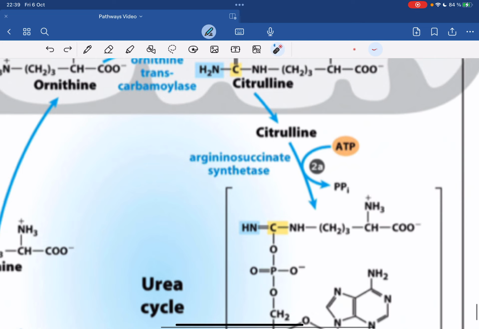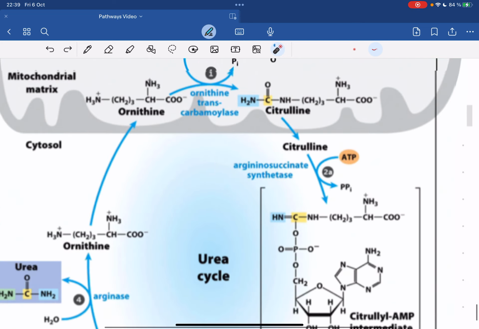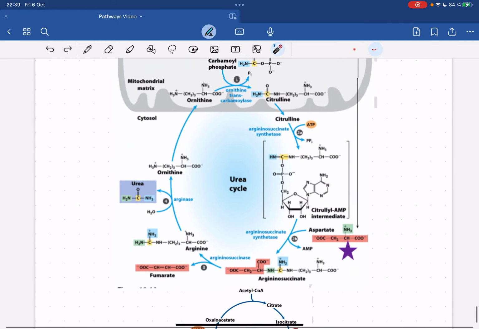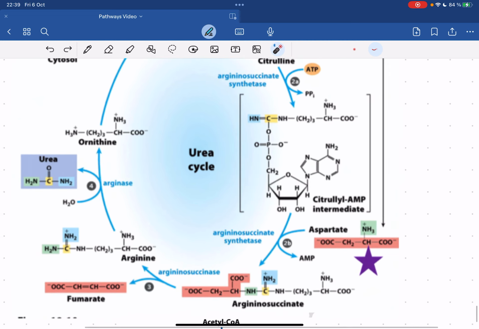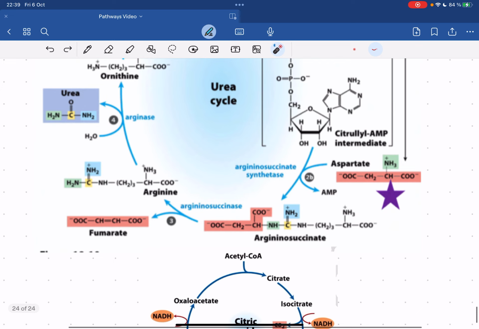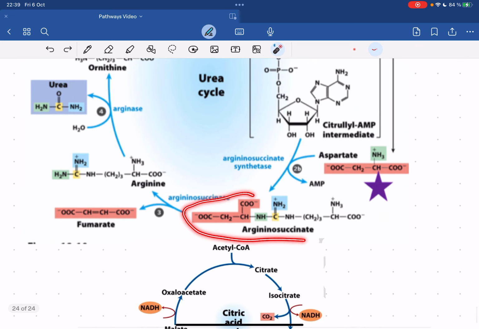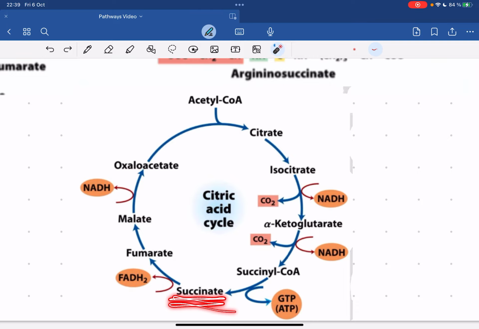So we know this enzyme will be some sort of synthetase because we're involving ATP, and we're also adding the citrullyl-AMP intermediate, and we're adding aspartate in order to make this big molecule known as argininosuccinate. And remember, succinates we also have right here.